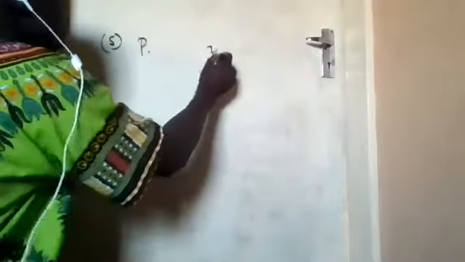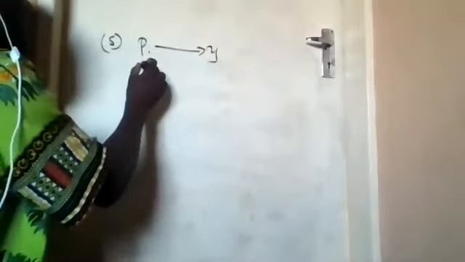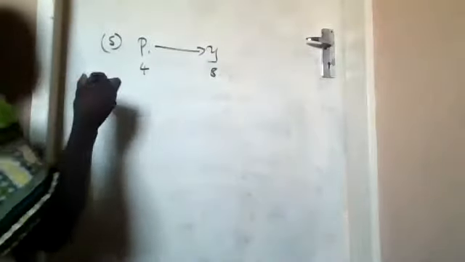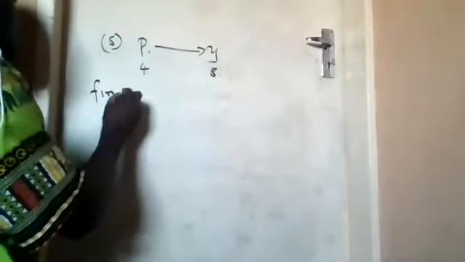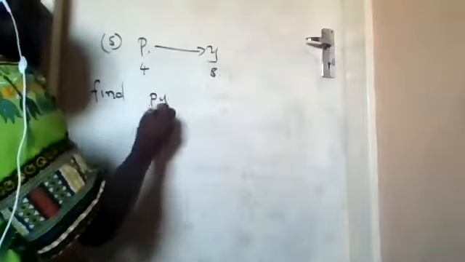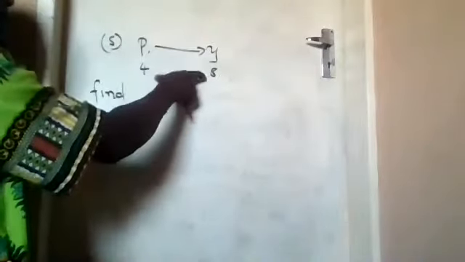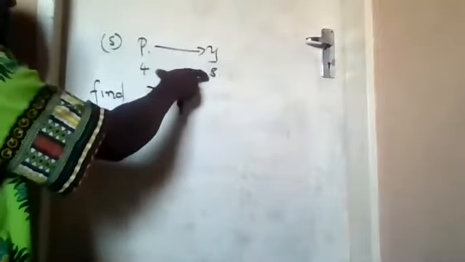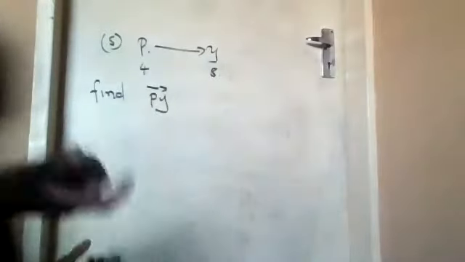Question 5 is talking about addition and subtraction of vectors. When you are told that this is point P and this is point Y, you are going that way. If the point here is 4 and the point here is 8, when they say find PY, they are saying find the size of the line moving from P going to Y, because these are vectors.